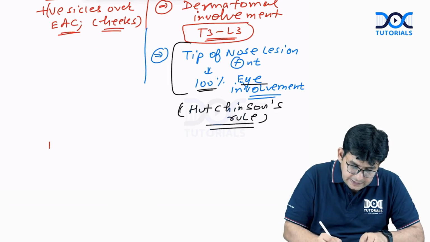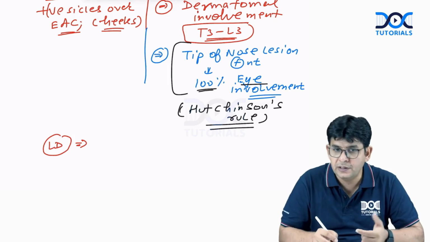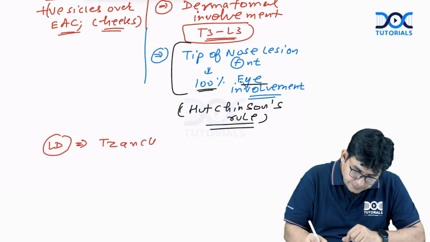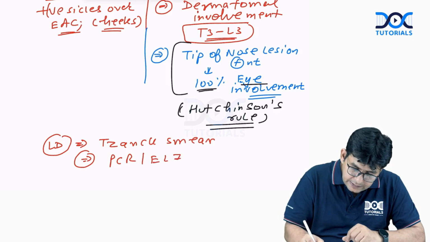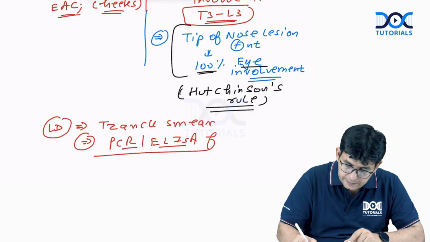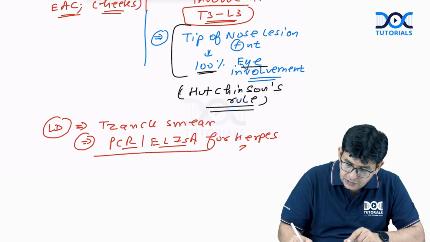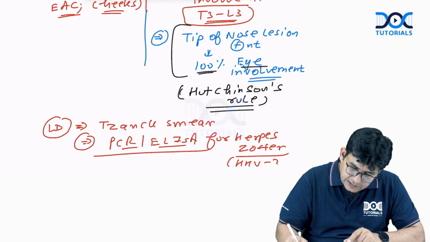As far as the lab diagnosis is concerned, it revolves around the same thing, that is the Tzanck smear. Other than that, you have PCR or ELISA for herpes zoster virus, which is HHV3 only.